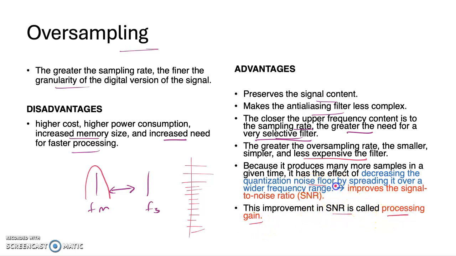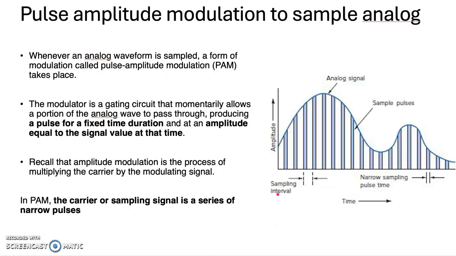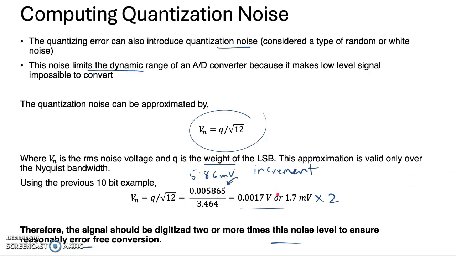When we are reducing the noise floor, we are improving the signal to noise ratio, because remember, the noise equation is given by this. Q is dependent on how small this is. So the smaller the Q, the smaller the noise.